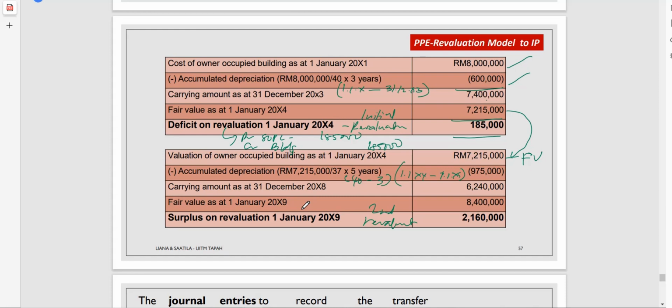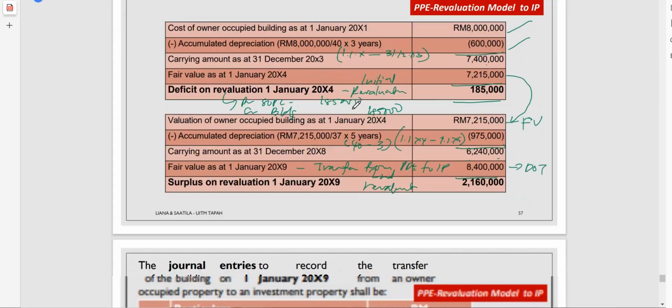Next, you get 975. The carrying amount on 1st of January X9 is 6,240, and you have the fair value 8.4. This is on the date of transfer, the date your transfer from PPE to IP, the date of reclassification.